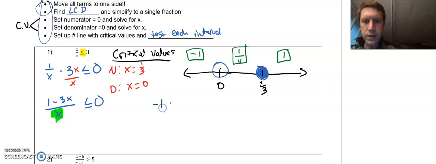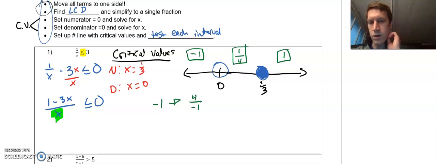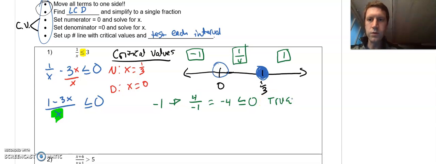Now I'm just going to plug each of these in. If I plug in -1, I get 4 over -1, which is -4. Is that less than or equal to 0? That's true, so this area will be included in my solution set.